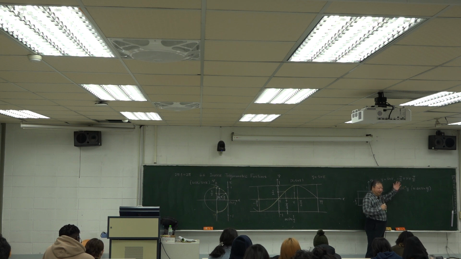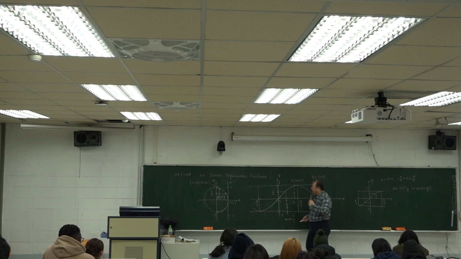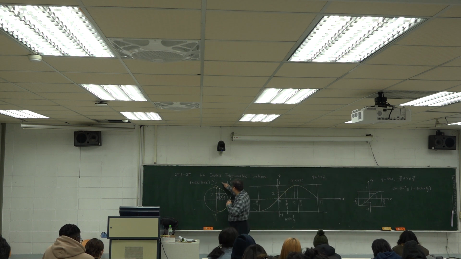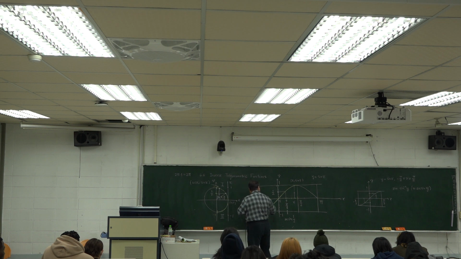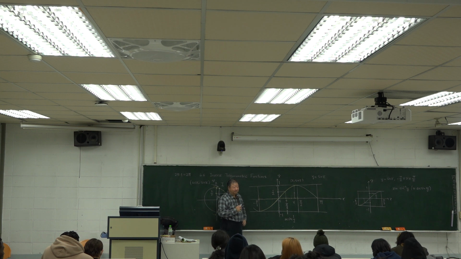Restrict sine to the small interval, to the first and fourth quadrants. Because in the first and fourth quadrants, the values of sine from -1 to 1 occupy the entire range of sine.